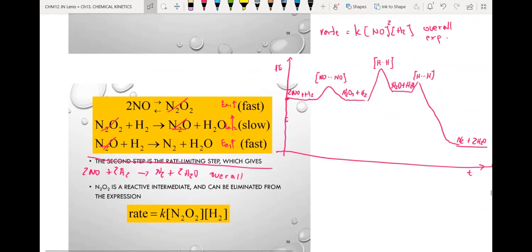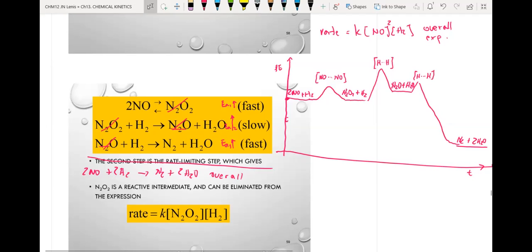So we can find the rate law for the slowest step. This is the slowest step. Let's write it down here to prove if we can accept this mechanism or not.